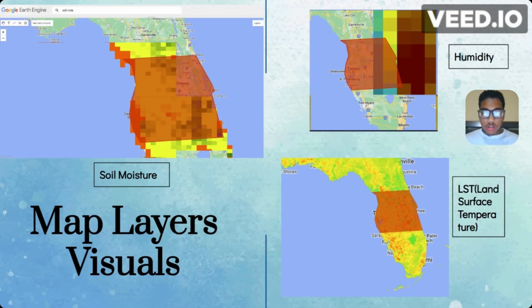So continuing on from where Kennedy was, as you can see, this is the question I had to answer, and that was how does soil moisture affect humidity levels, and how does this affect the urban heat island effect? As Kennedy probably explained, the urban heat island effect is not only about heat.